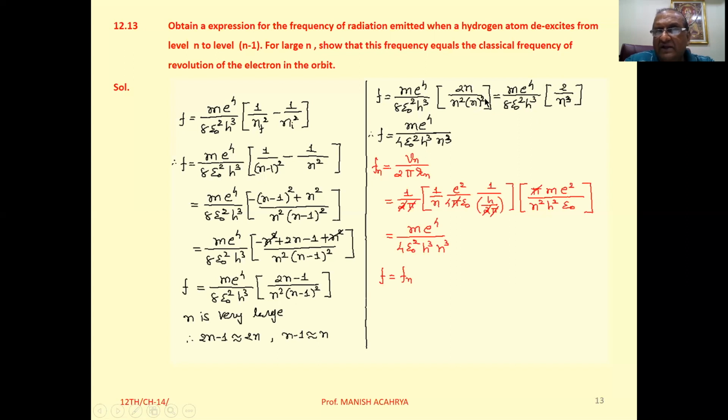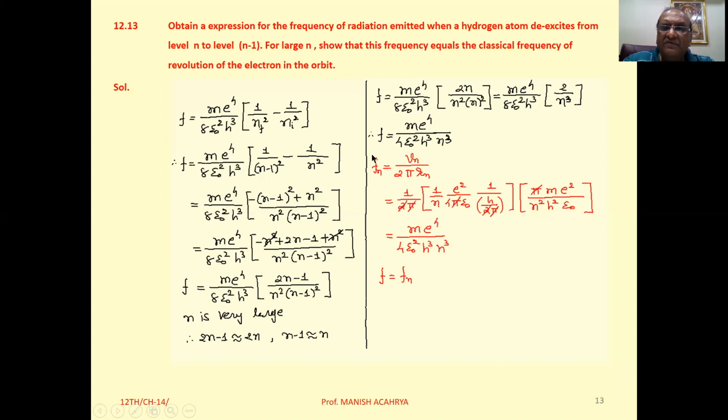So one n here cancelled. So finally we'll get me^4 upon 8 epsilon 0 square h cube into 2 by n cube. So here 2 by 8 will give you 1 by 4. So resultantly we have the frequency, that is me^4 upon 4 epsilon 0 square h cube n cube.